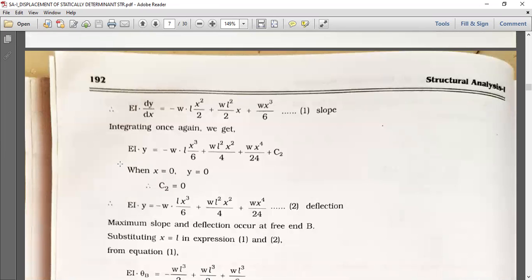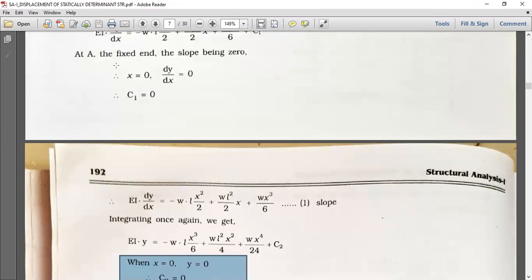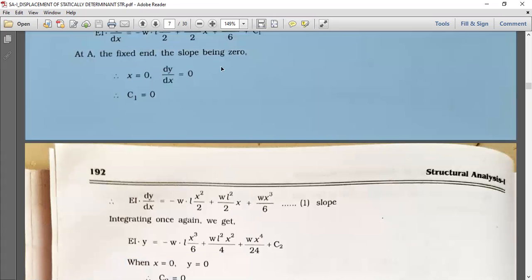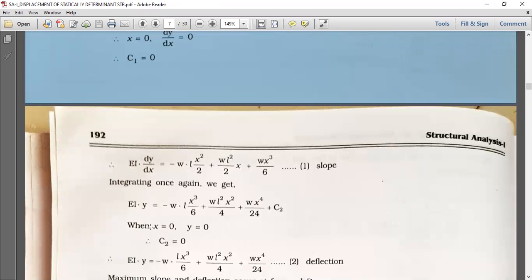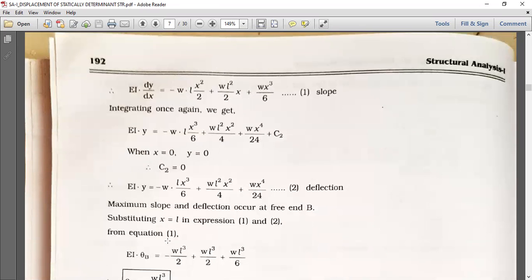Similarly, at A, the fixed end, deflection is 0, so we get C2 is equal to 0.